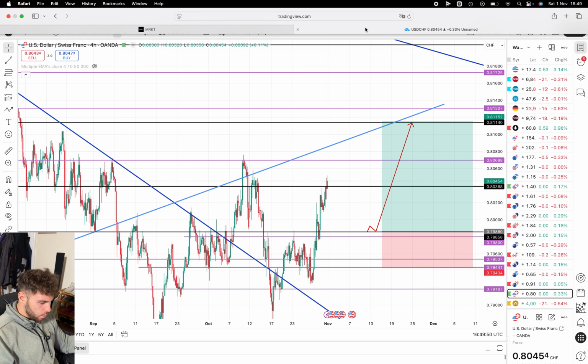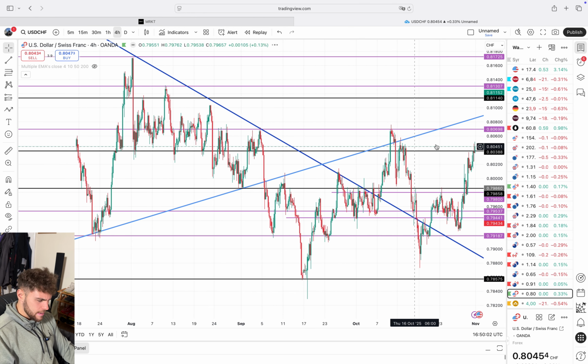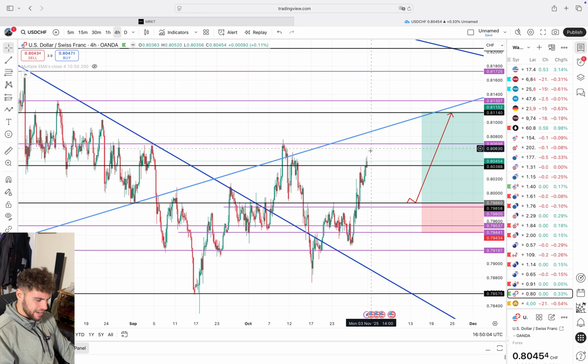But fundamentals on point, technicals on point as well. And this is looking really nice fundamentally now to potentially hit our final target up here, which should obviously be absolutely fantastic. As I say, we do have this trend line coming through here, so I've got an alert on this trend line. When we hit this trend line, I'll probably take a little bit more off the table and then just let this run to final target. I may even move the stop loss to TP1 to guarantee me TP1.